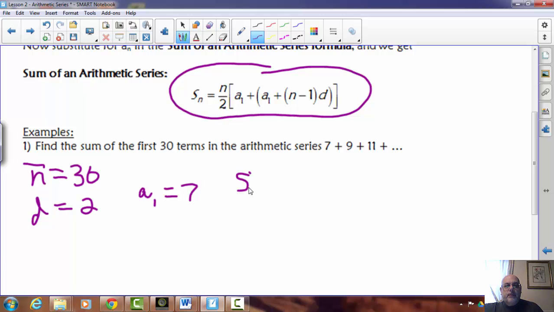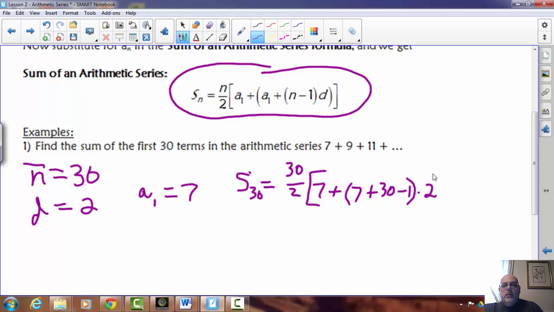Alright, so we're going to use the formula there. The sum of the first 30 terms is equal to 30/2 times 7 plus, now we're going into this formula, 7 plus 30 minus 1 times 2, which is our common difference.